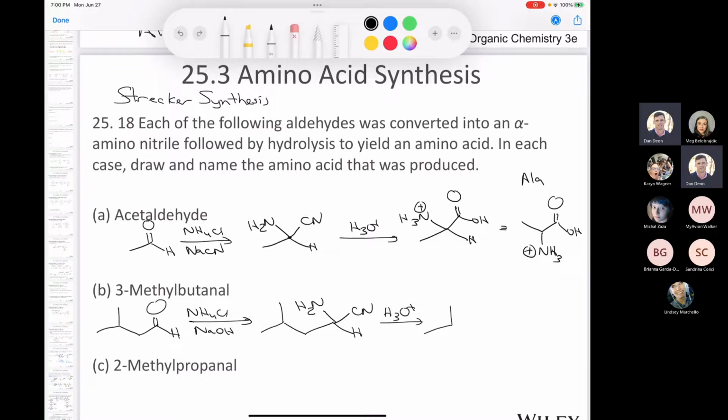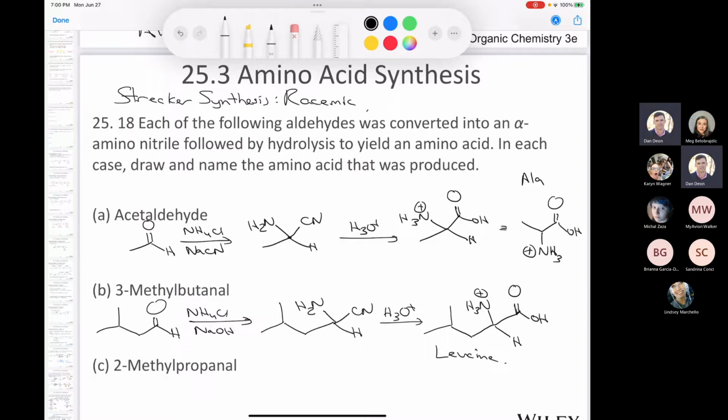Oops, it's not very pretty. There we go, where we have the protonated form of the amine because we're in acid, and we still have our proton, and we hydrolyze the carboxyl group. If you go into the list of amino acids, you'll see that this is leucine. And again, everything in here is racemic. So we'll put racemic.